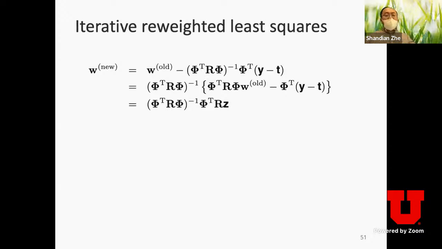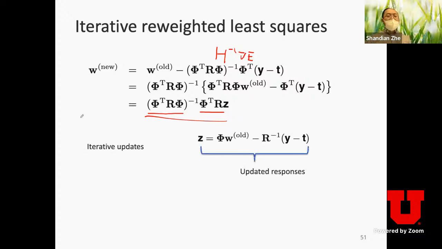And then if we just apply the Newton-Raphson update, H inverse times the gradient of the objective, after some manipulation it will give you the form in this way. Right? So this is the Hessian. Remember, it's a Hessian, and this guy can be viewed as an adjusted response.